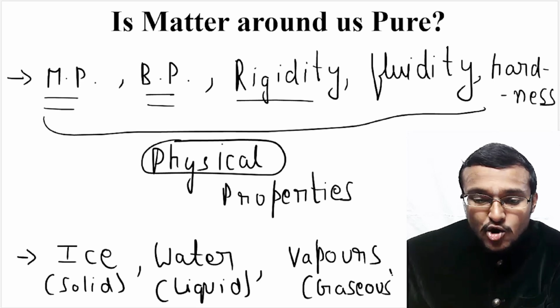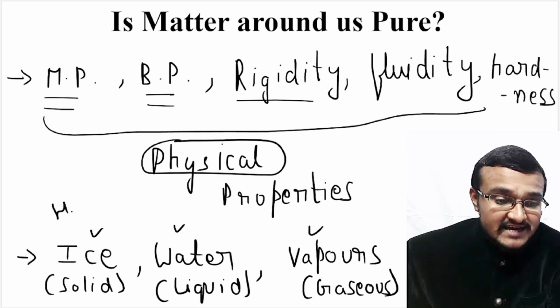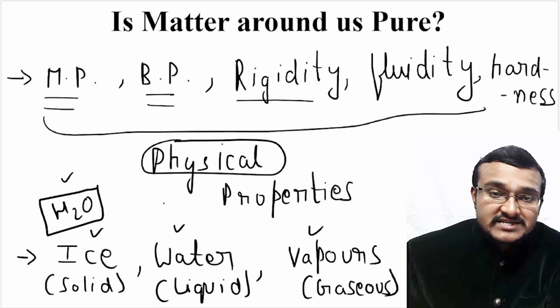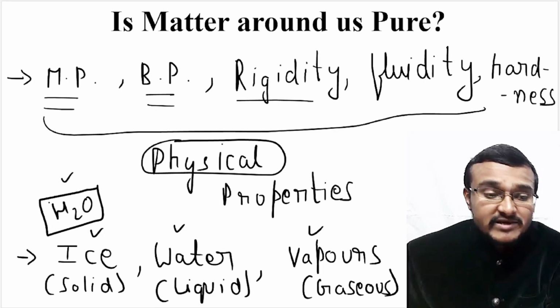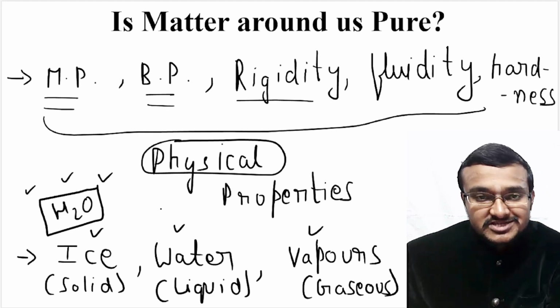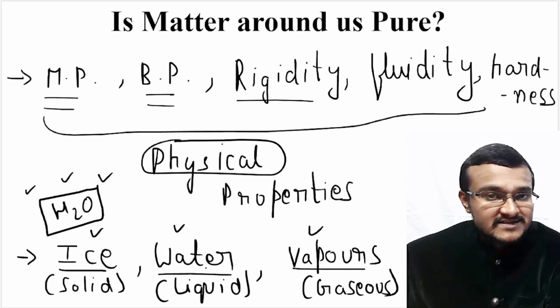Here all these three have the same chemical composition, that is H2O. Even ice contains the same chemical composition H2O. Even water contains the same chemical composition H2O. Even water vapor also contains the same chemical composition H2O. But ice is solid, water is liquid, and water vapor is gas.